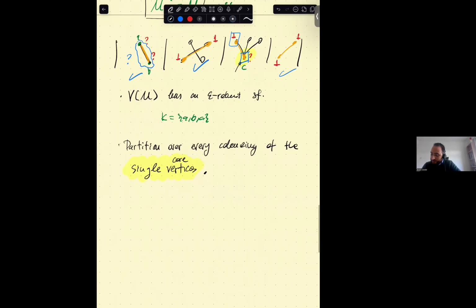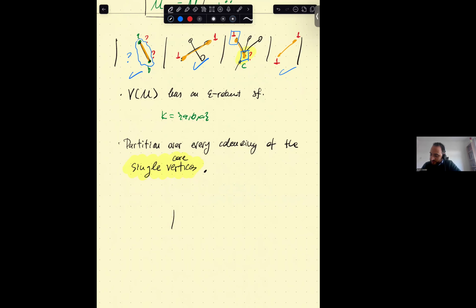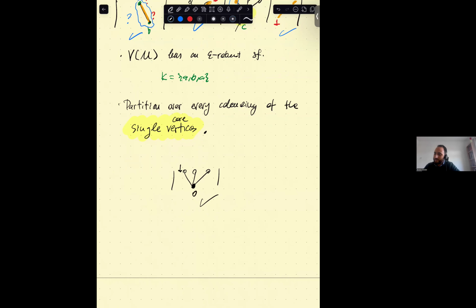But the catch is that, just like before, let's say this is colored 1. Do we agree? We're happy, because we know that this is going to be colored 1 as well outside of the core. What we have to do is work with the case when this is 0.